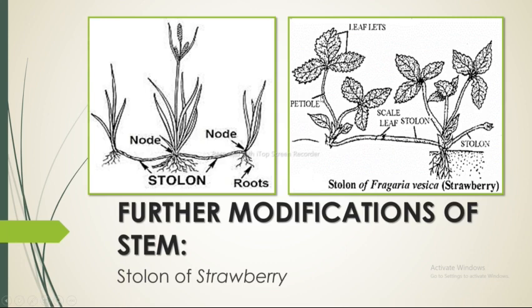This is the petiole. This is a scale leaf and this is the stolon. Again, this is the stolon. So this is the figure of the stolon of Fragaria vesca, which is also known as the strawberry, as shown in the figure.